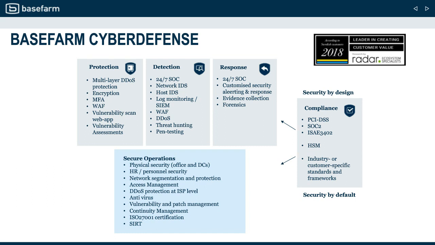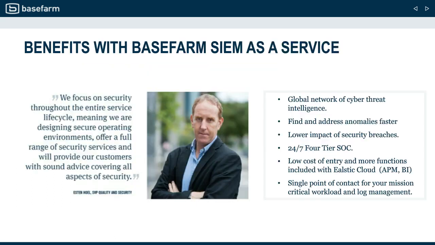And for the SIEM service, this is just a summary. We have a global network of cyber threat intelligence, and by using that and Basefarm, you can find and address anomalies faster, which lowers the impact of security breaches.